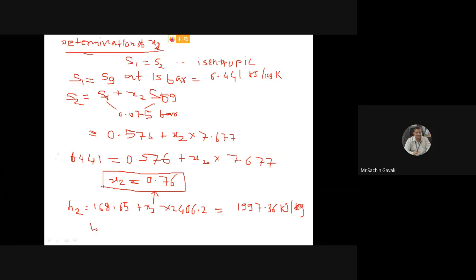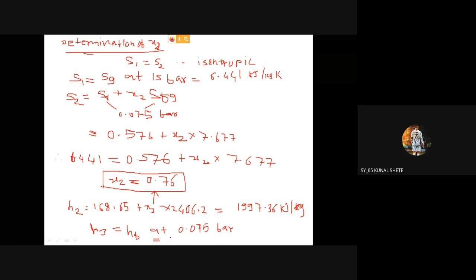H3 is equal to HF, just as we said for H, HF at 0.075 bar. Okay, and this value we have already used in equation number 2, HF at 0.075 bar. So this value only.